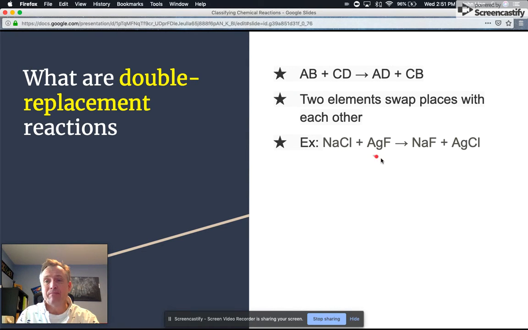Those two have reacted, and the Cl has gone from the sodium to the silver, so we form silver chloride. And the fluorine has popped off the silver and said, you know what, I'd rather hang out with the sodium. So it's connected with the sodium there. So we've got two things that have switched places. The fluorine and the chlorine have both switched places, or you could say that the Na and the silver have both switched places too. But it's a double replacement. Two things have swapped. Okay?